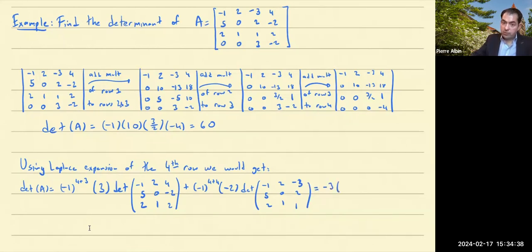The determinant of this matrix you can work out is 10. And then I end up with plus -2 times the determinant of this matrix, which you can work out as -15. Right, so that's -30 plus, sorry, this determinant should have been -10. So I end up with 30 plus 30, which gives me 60.